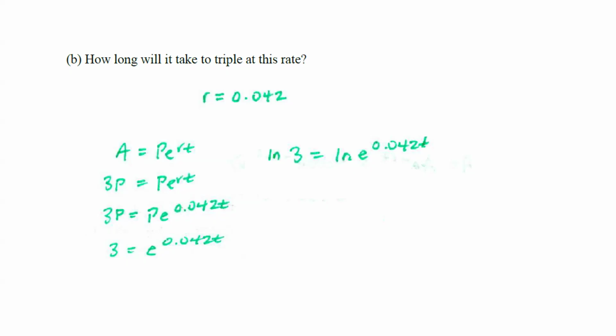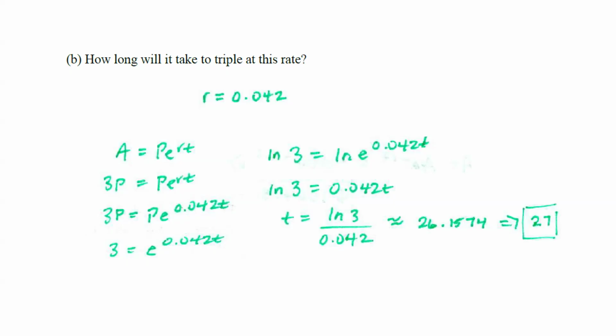We can then take the natural log of both sides and move our exponent to the front of the natural log of e, eliminating it because it equals 1. Divide both sides by 0.042. Enter the right side into our calculator, which gives us 27. So it will take about 27 years to triple the investment.